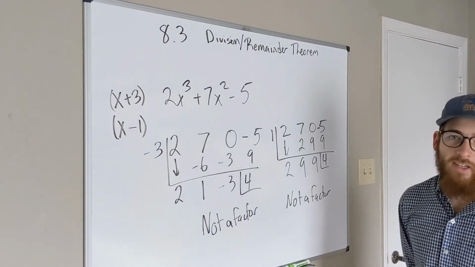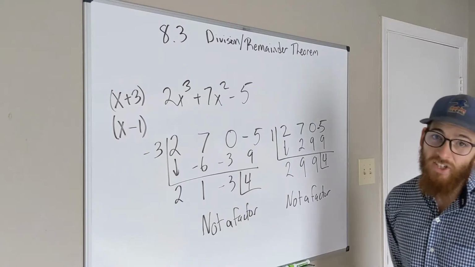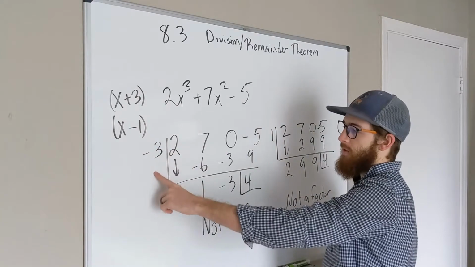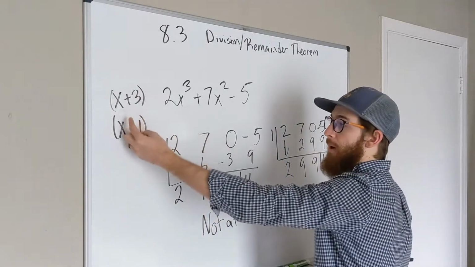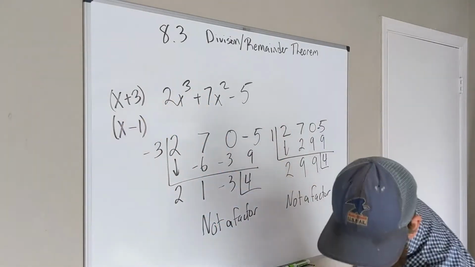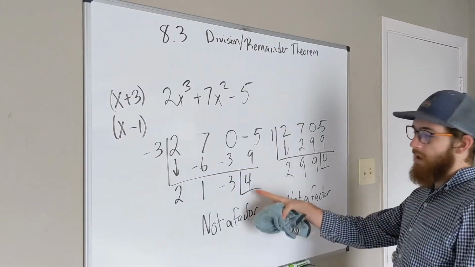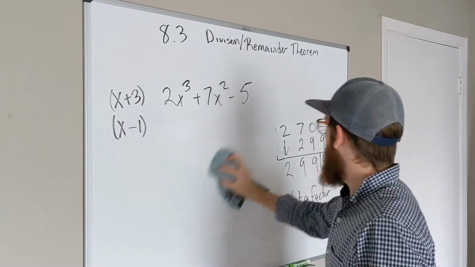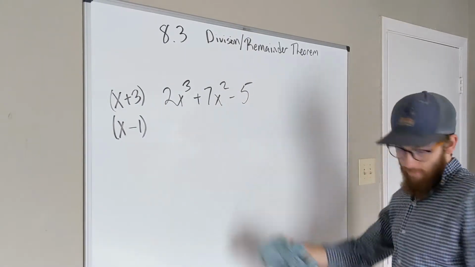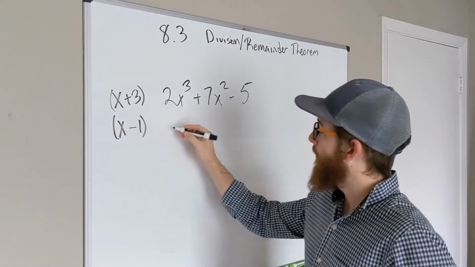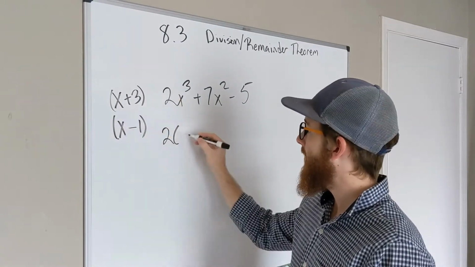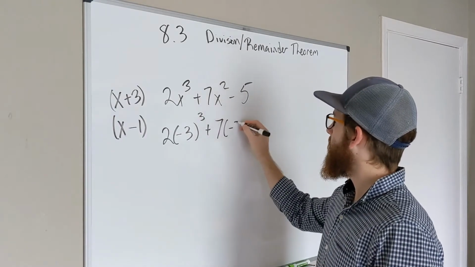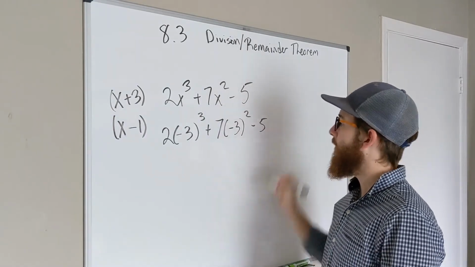As you can see, in section 8.3, all we're doing is testing these values with synthetic division or by plugging them in. Let me plug in the values to show you that it's going to give you 4 and 4. So for -3: 2 times negative 3 cubed plus 7 times negative 3 squared minus 5.